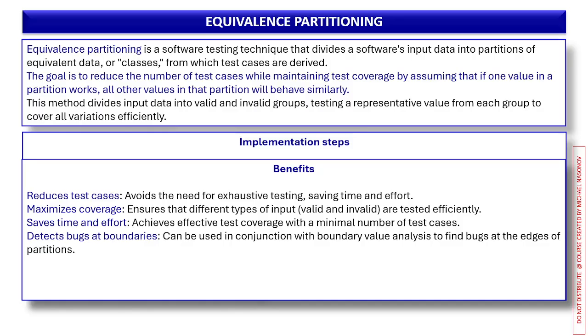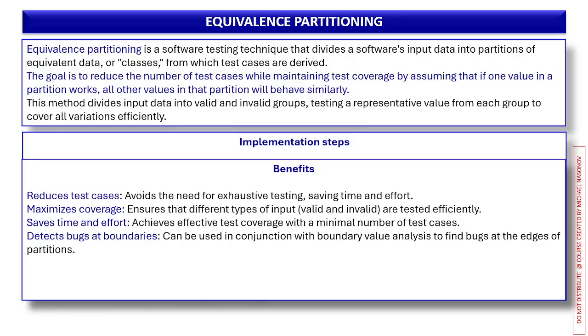Achieves effective test coverage with a minimal number of test cases. Detects bugs at boundaries. Can be used in conjunction with boundary value analysis to find bugs at the edges of partitions. The last one is very useful because equivalence partitioning is always used and often used with boundary value analysis.